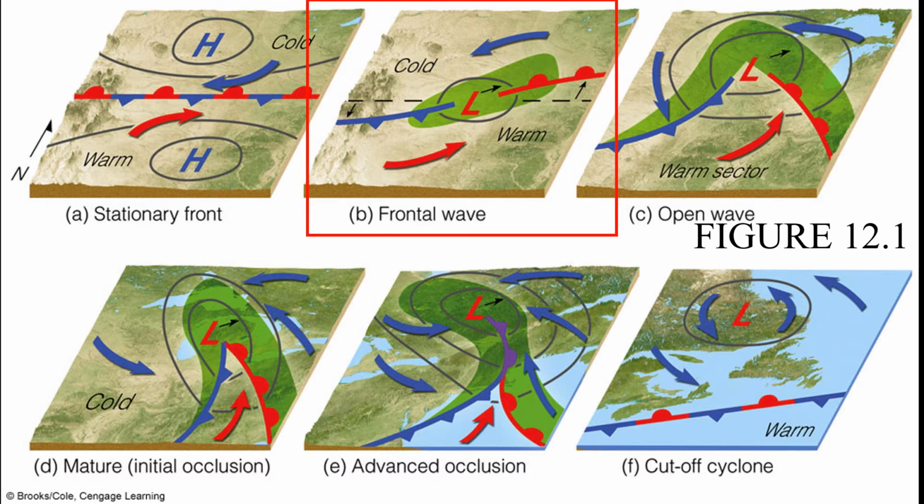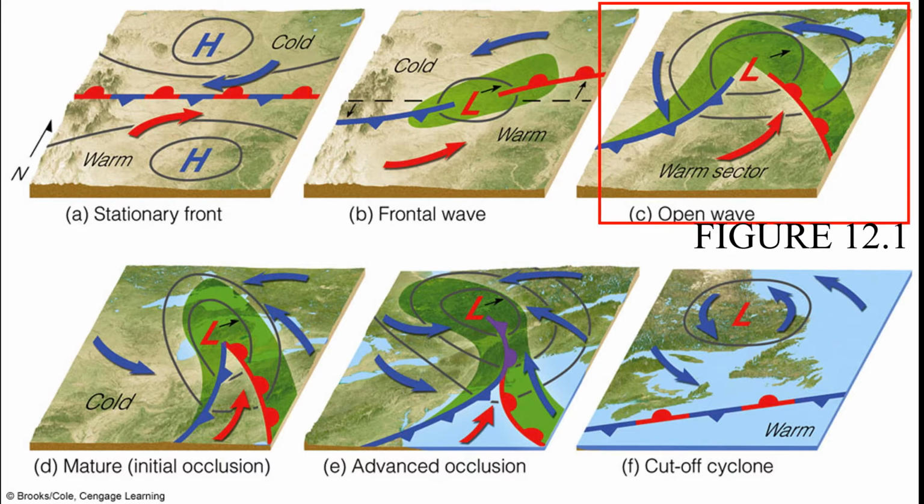It is steered by the upper winds, and the whole system typically moves east or northeastward and gradually becomes a fully developed open wave in 12 to 24 hours, as you see in picture C, the open wave. In an open wave, precipitation forms in a wide band in front of the warm front and in a narrow band along the cold front.